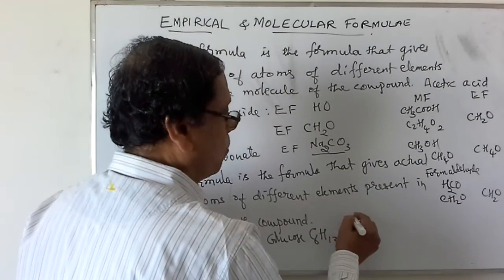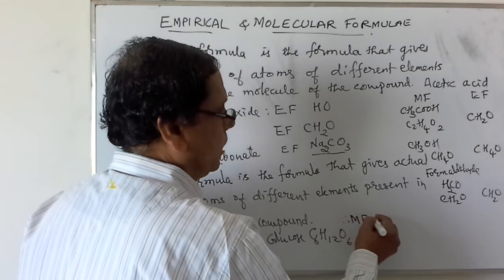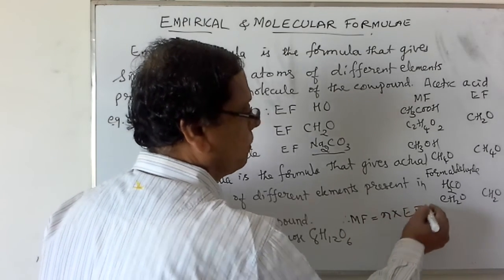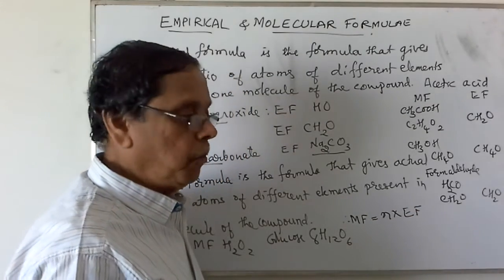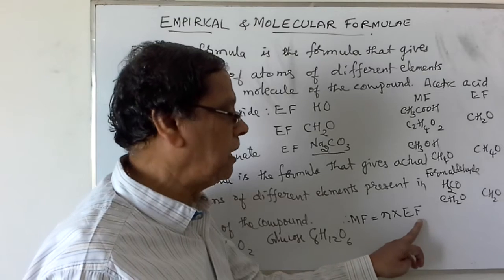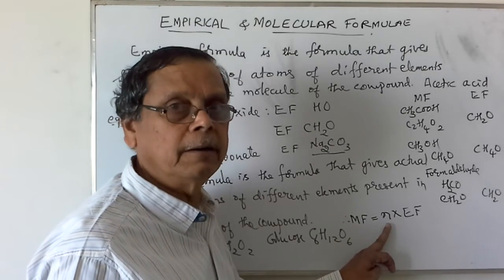Therefore, molecular formula can be written as n times empirical formula. Molecular formula of a compound can be calculated by multiplying empirical formula with a suitable integer.